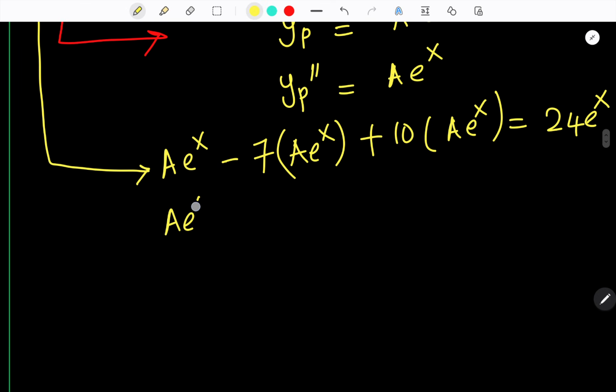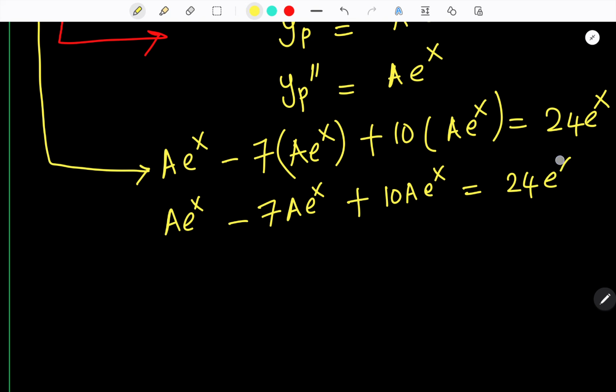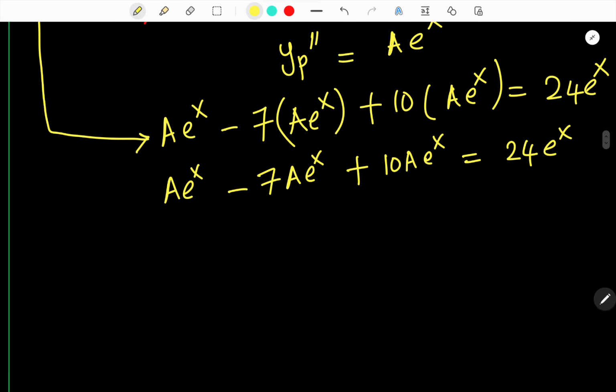So this is a e power x minus 7 a e power x, and then plus 10 a e power x is equal to 24 e power x. This is 1 time, this is 10 times. So 10 plus 1 is how much? 11 times. 11 minus 7 is how much? 4 a e power x is equal to 24 e power x.